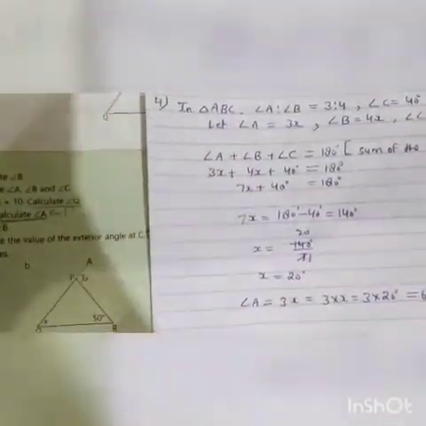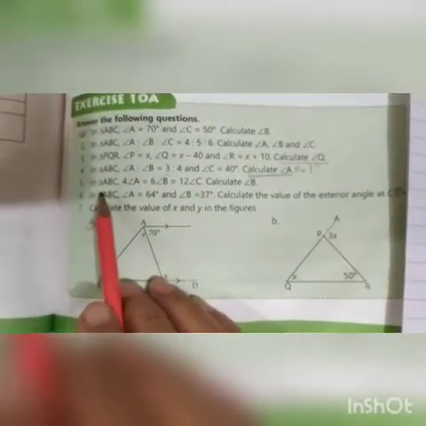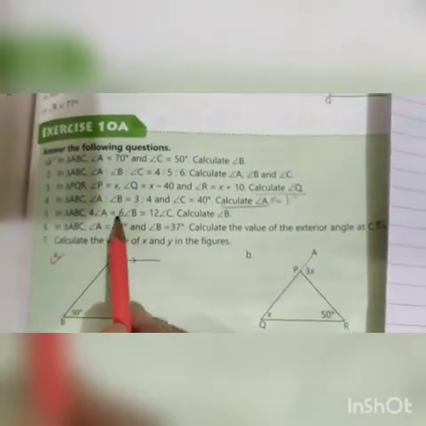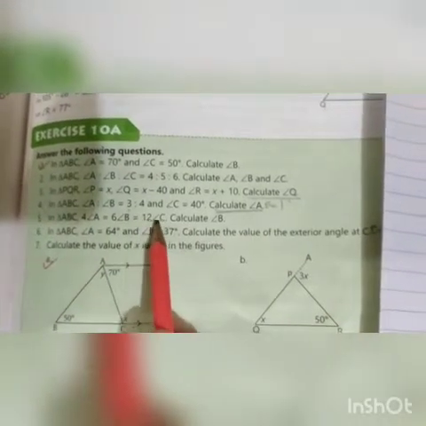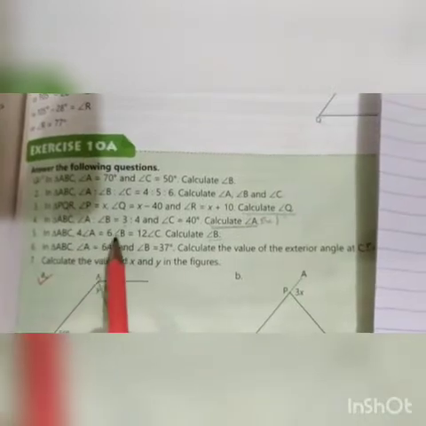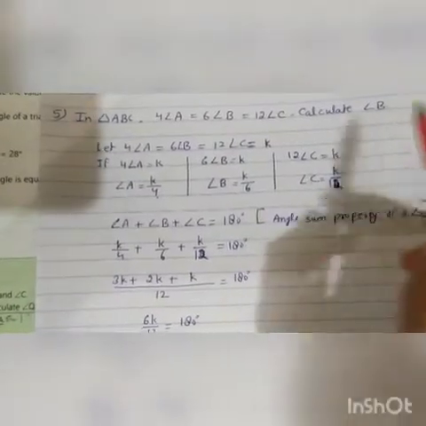Now, come to question number 5. Question number 5 is, in triangle ABC, 4 angle A equal 6 angle B equal 12 angle C. Calculate angle B. This is a different type of question. See, students, here how we will solve this question.